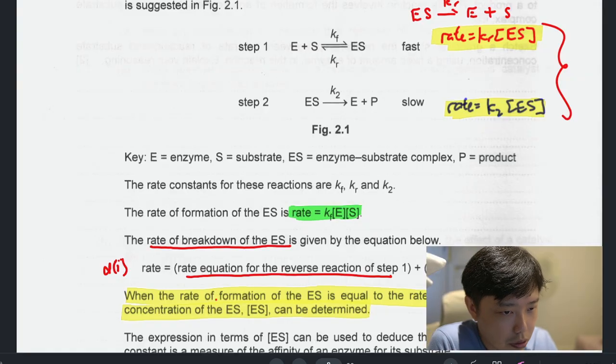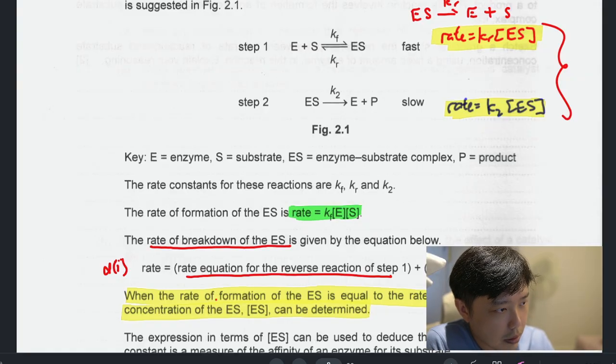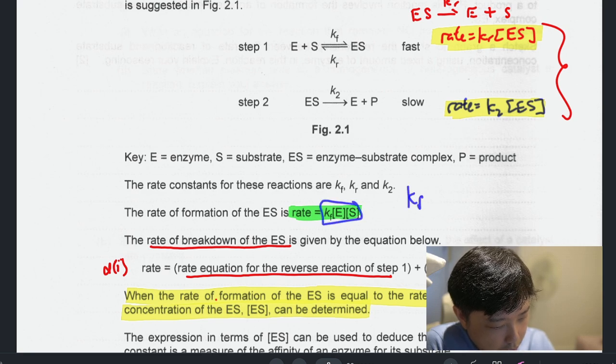Let me just solve the question here directly. I'm going to write it out. KF, there's no ES here, just E concentration and S concentration.